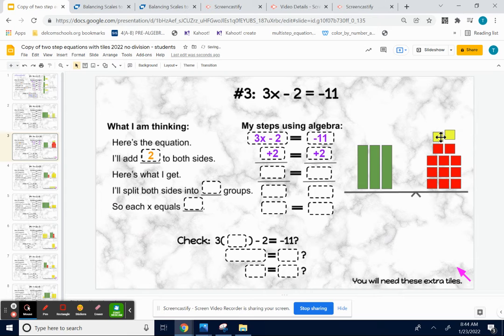This yellow cancels this red. This yellow cancels that red. So I want to take it out. I want to clean everything up before I write down what I get. After I do that, I end up with 3 x's balancing with -9. These are red, these are negatives. So 3 x's balancing with -9.